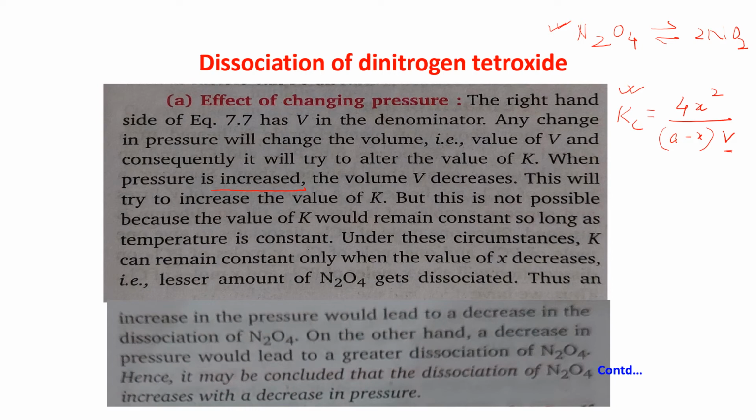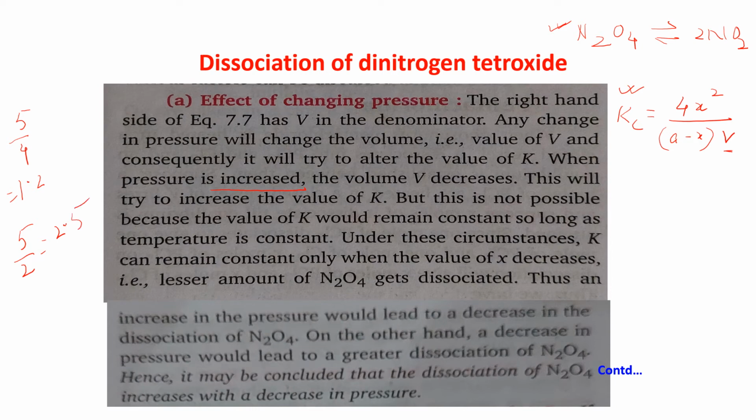Suppose my expression I am getting now is 5 by 4, that is 1.25 or so. But if the denominator is decreasing, suppose it is 5 by 2, I am getting 2.5.